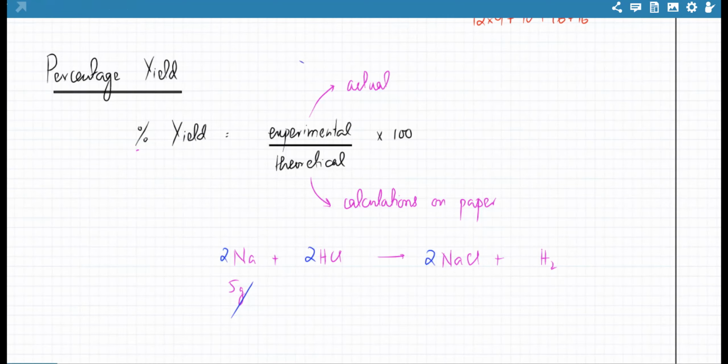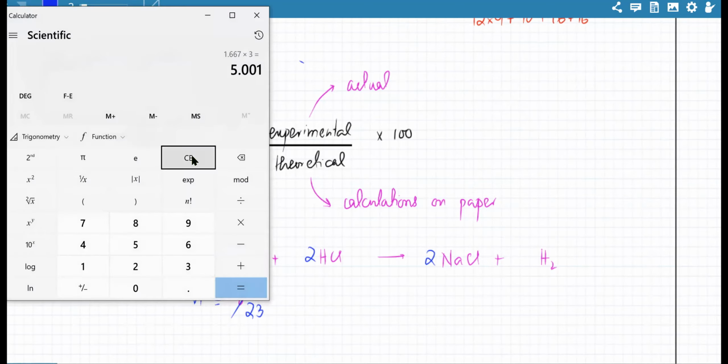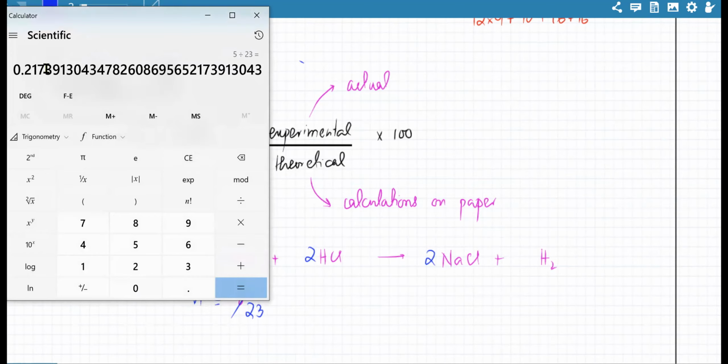So you've got 5 grams, and you can find the moles, which would be divided by 23, the AR of sodium. The moles are going to be 5 divided by 23. So quickly doing 5 divided by 23, I get this huge number. So let's keep it to 3 significant figures.